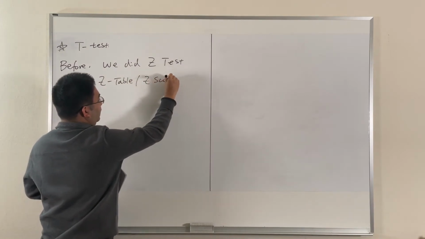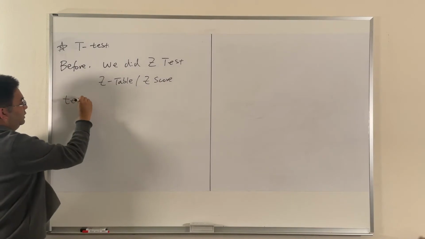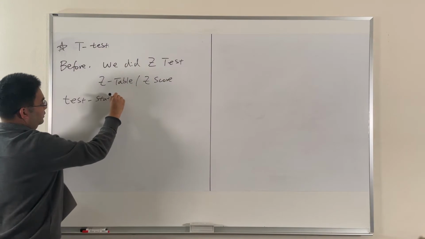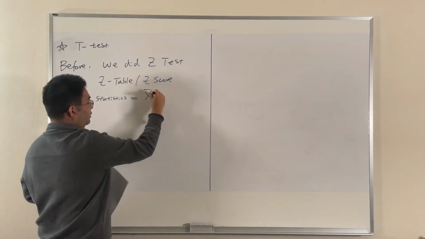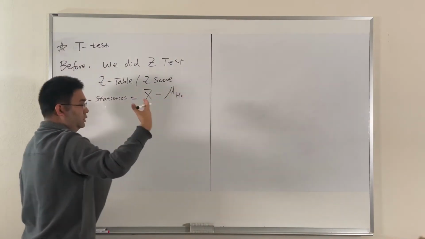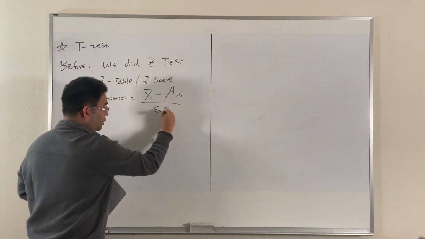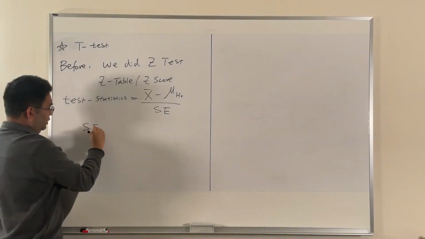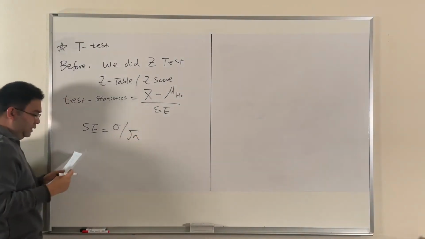The basis for that was our test statistic, where the formula was x bar minus mu h naught, the mu under the null hypothesis, divided by the standard error. The formula for the standard error was sigma divided by the square root of n, which is the sample size.